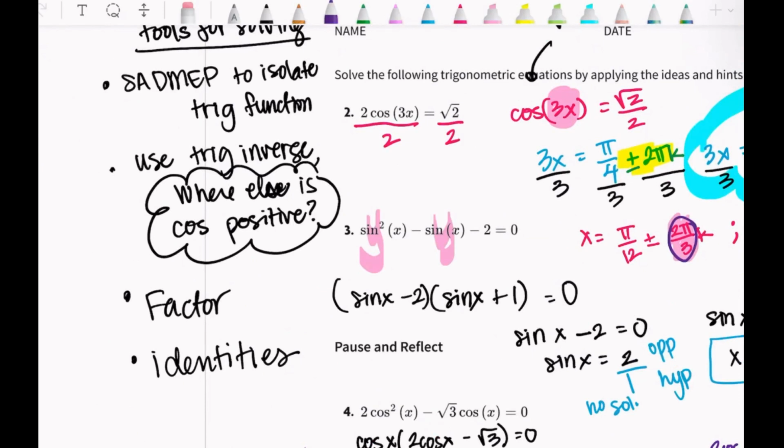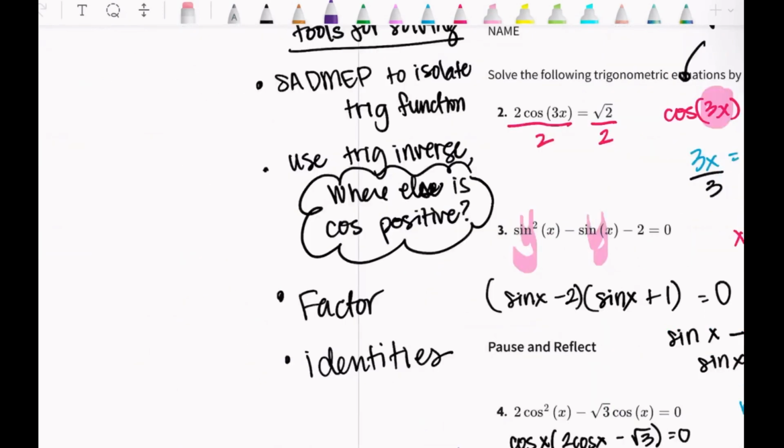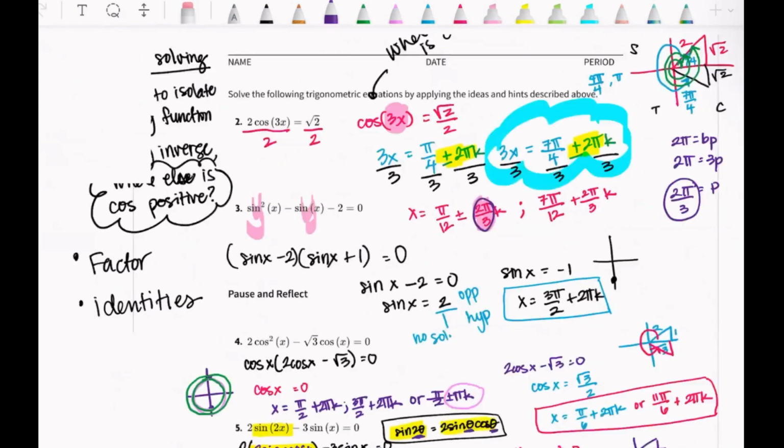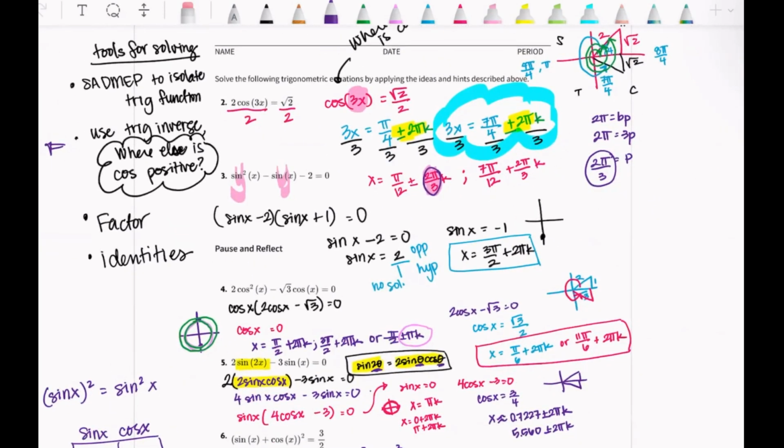Try to get that inverse trig. And here, if you notice I probably only used it once, this is also using your 30, 60, 90 or your 45, 45, 90 triangle. And keep asking that question, where else is cosine positive? So when you're doing these types of problems, you want to use these strategies because that's how you get unstuck.